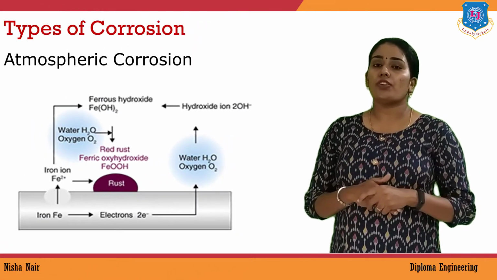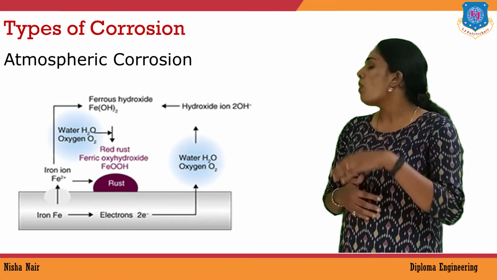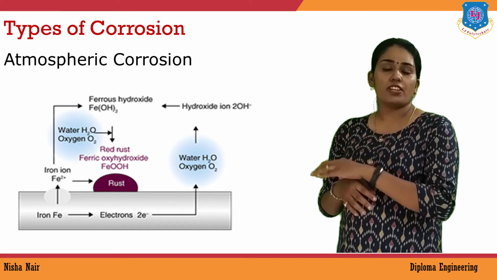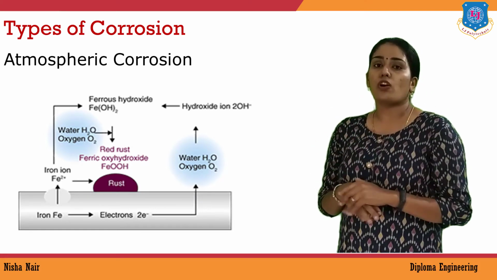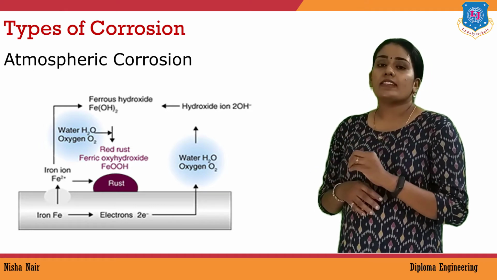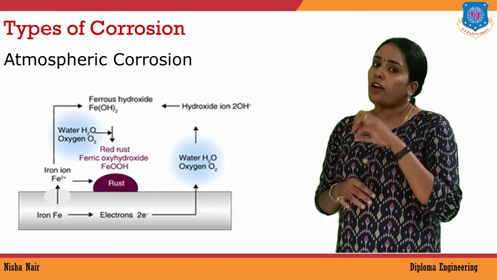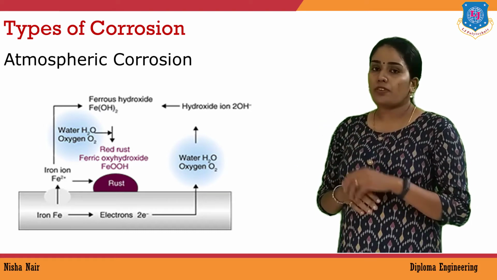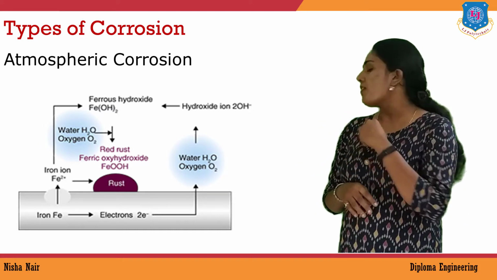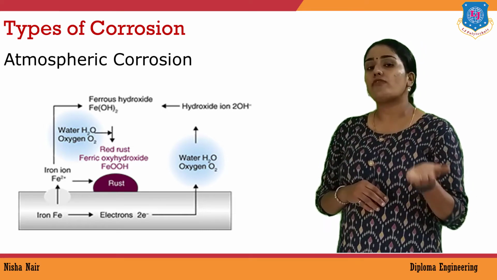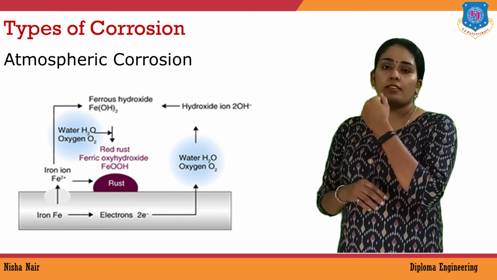In atmospheric corrosion, the oxygen or water molecules touch the metal surface and the metal surface is not protected. Then, the same mechanism takes place here also. The metal atom will liberate its electrons and get oxidized, and oxygen will take that electron and get reduced. Hence the metal is converted from metal form to metal oxide form, and thus rusting will start.